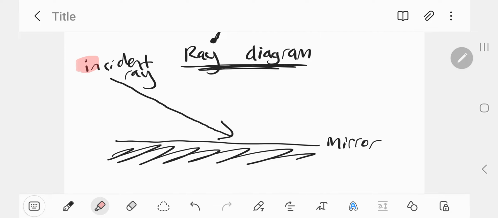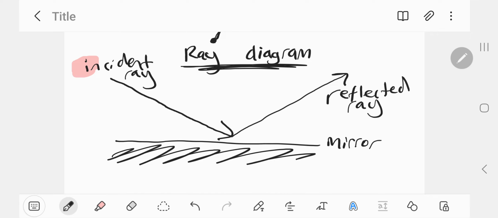Just think of the word in, incident ray. When it hits the mirror, it bounces off. And that ray that's reflected is called the reflected ray. No surprises here, because it's reflected off the mirror. So the incident ray, that's the incoming ray. Okay, the lines, these are rays.